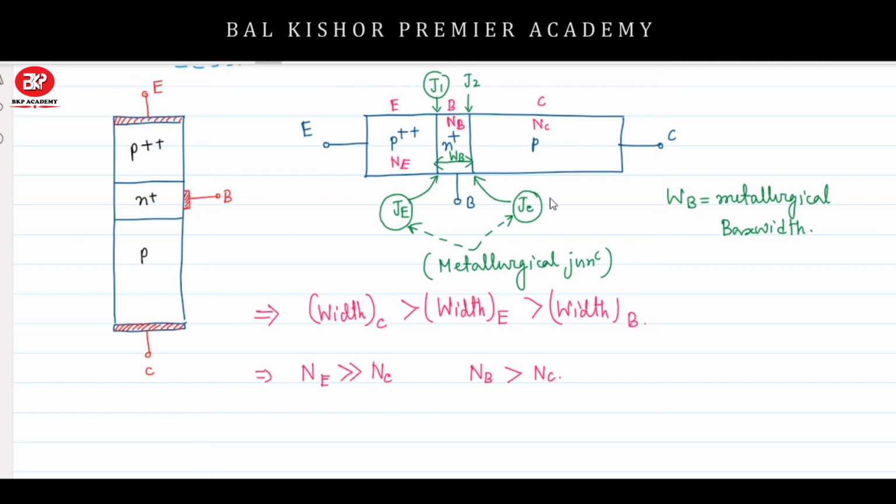So this is all about the basic design structure or basics of the bipolar junction transistor.